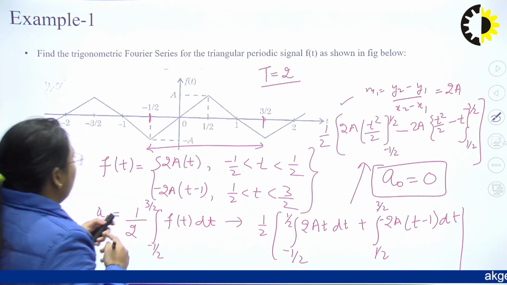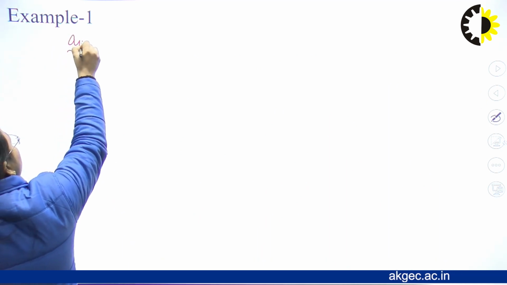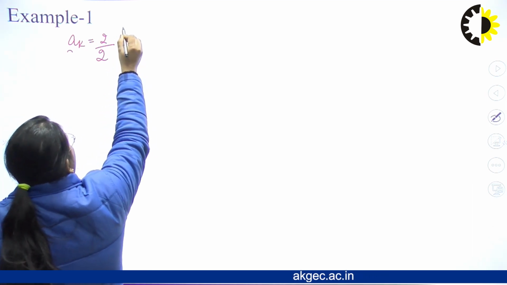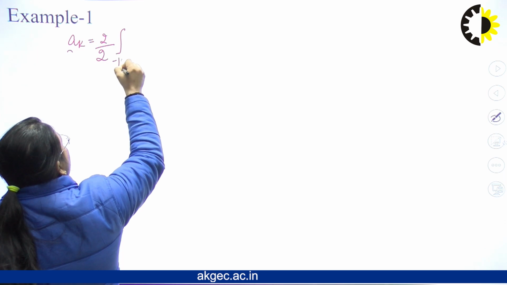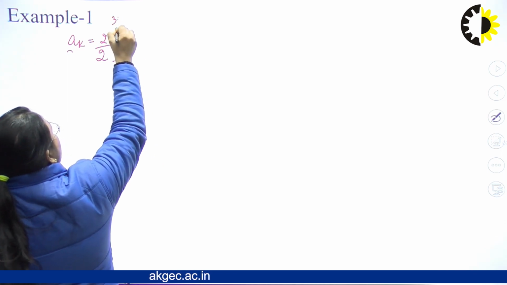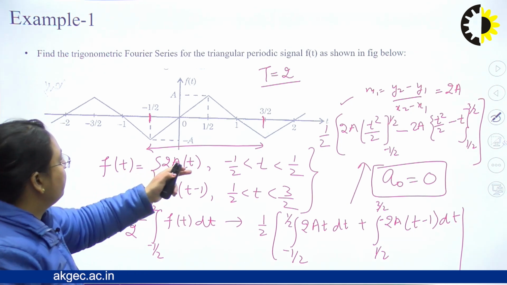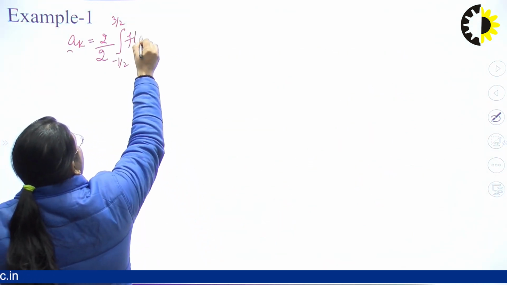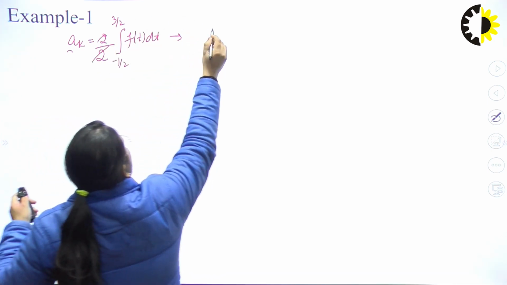Now what will be the value of ak? ak will be equal to 2/T, where T is again the time period, and the function over the time period from -1/2 to 3/2, f(t) into dt. Now I'll split it, the 2 will get cancelled out, right?